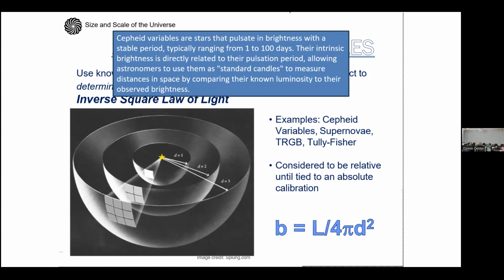And if we know their pulsation period, then we know how bright they're going to be at their peak pulsation. And if we know their peak luminosity, then we can determine how far away they are. Thereby they become a standard candle.